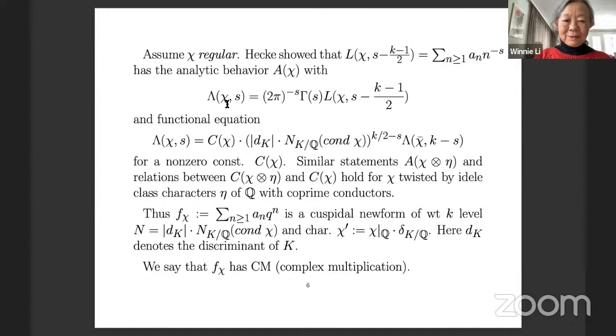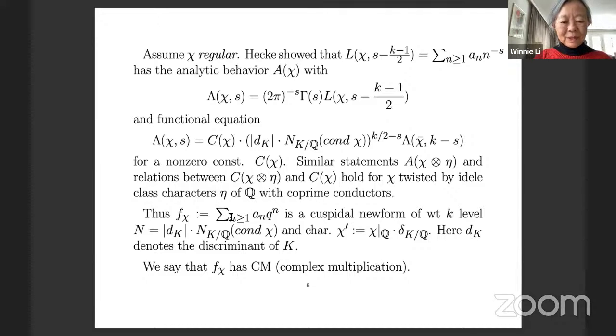Similarly, we can twist this chi by a character eta coming from Q. Then we find that the constant C attached to chi tensor eta and the constant C of chi relate the way we want, so that everything holds and we can apply the theorem.